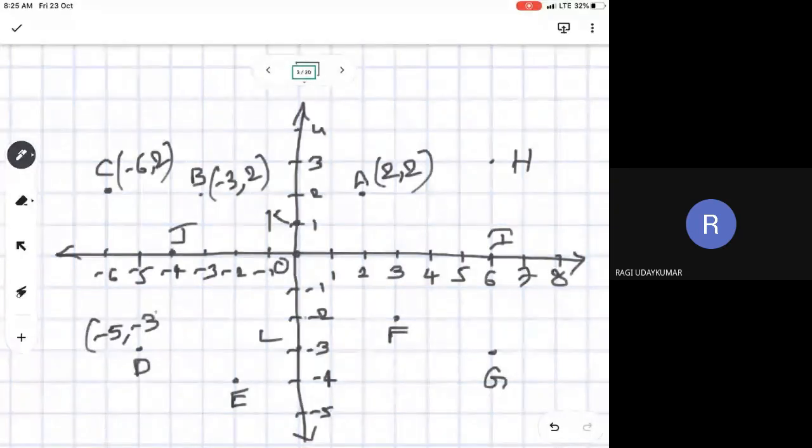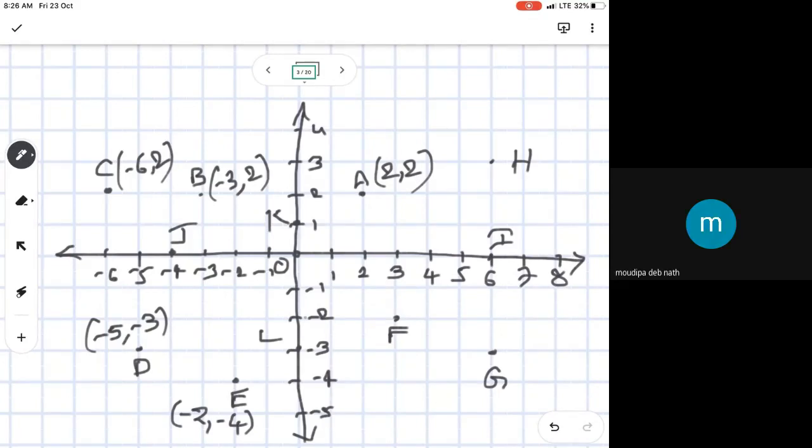ओके, त्रिशा, ई पॉइंट ई. Sir, -2, -4. Yes, very good. -2, -4. F who will say? Maudipa. Sir, 3, -2. Very good. G. Mansi.